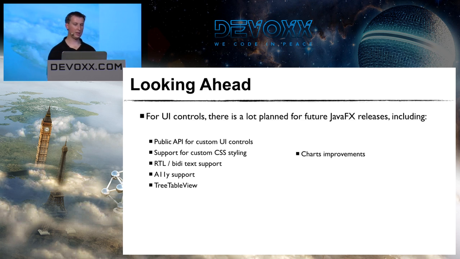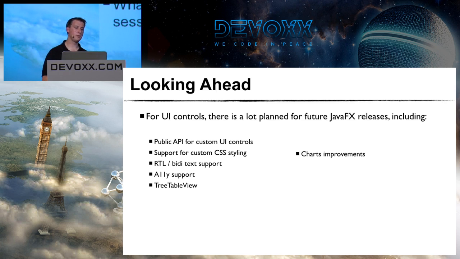So looking ahead a little bit, there's a lot planned for future releases of JavaFX in my team, the UI Controls team. Some of them for the very next release, some of them for releases subsequent to that. So for example, we want to have an API that's fully public for creating UI controls. We want to support custom CSS styles, so we want to be able to support custom pseudo-class states, for example :hover, as well as custom properties, so that you can style your custom UI control using CSS.